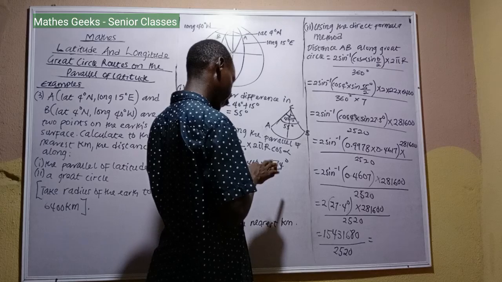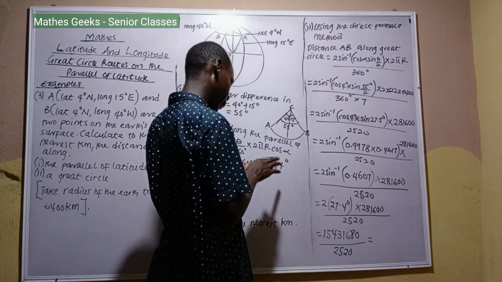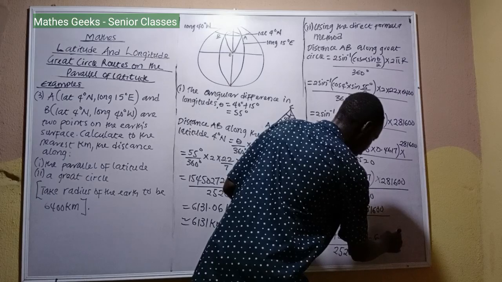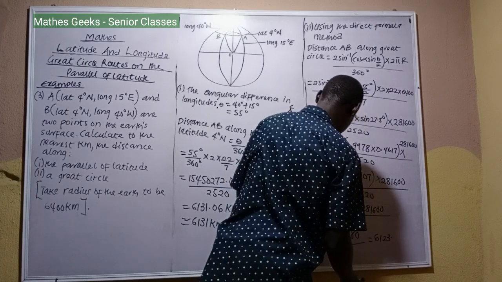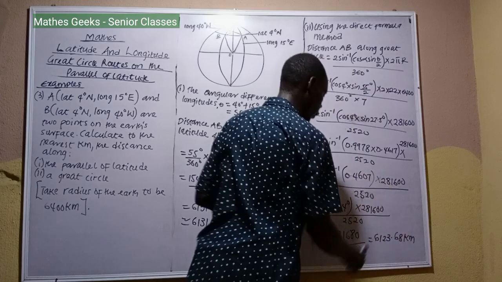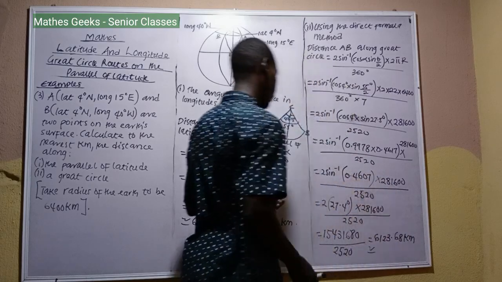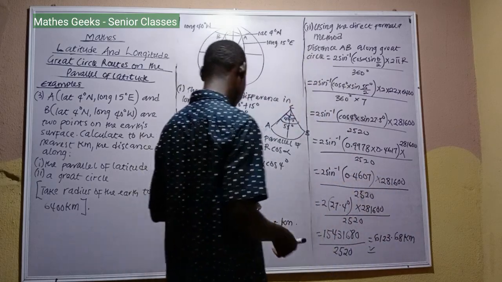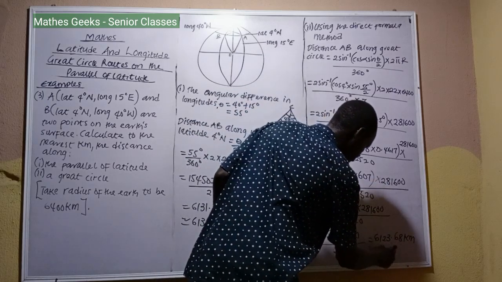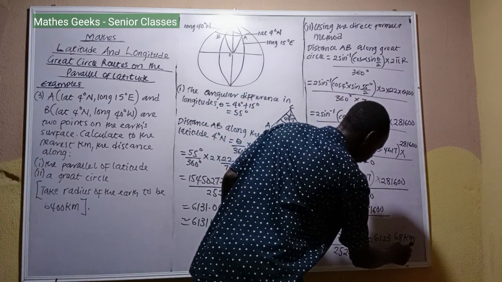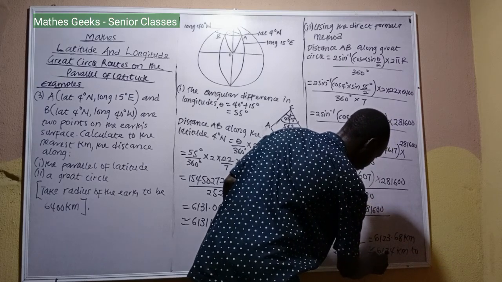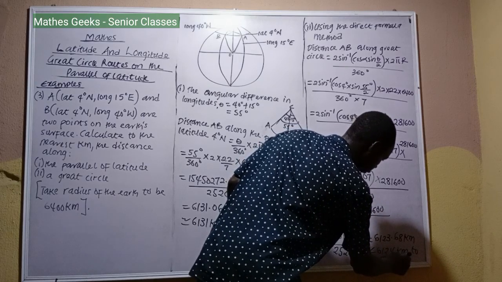That is 6123.68. So to the nearest kilometer it is 6124 kilometers.